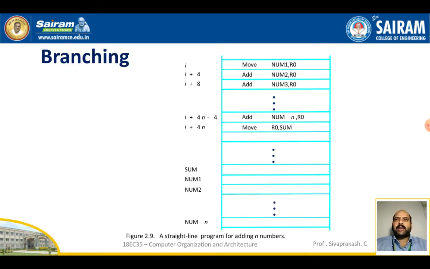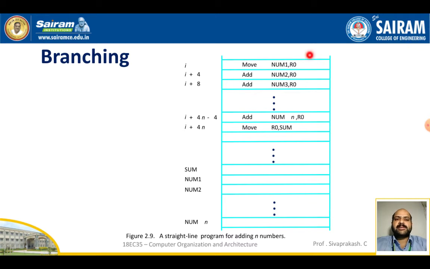Let us see a branching instruction. Consider a program for adding a list of n numbers. The addresses of the memory locations containing the n numbers are symbolically represented as num1, num2, num3, up to num_n. A separate add instruction is used to add each number to the content of register R0.